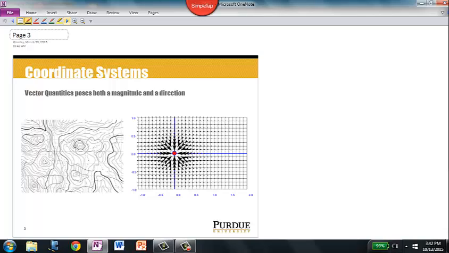A scalar field is a representation or a mapping of a scalar quantity as it varies with position. Here what I'm showing is a topographical map, and a topographical map represents a space like the surface of the Earth, projected onto a flat plane with a y-axis and an x-axis.